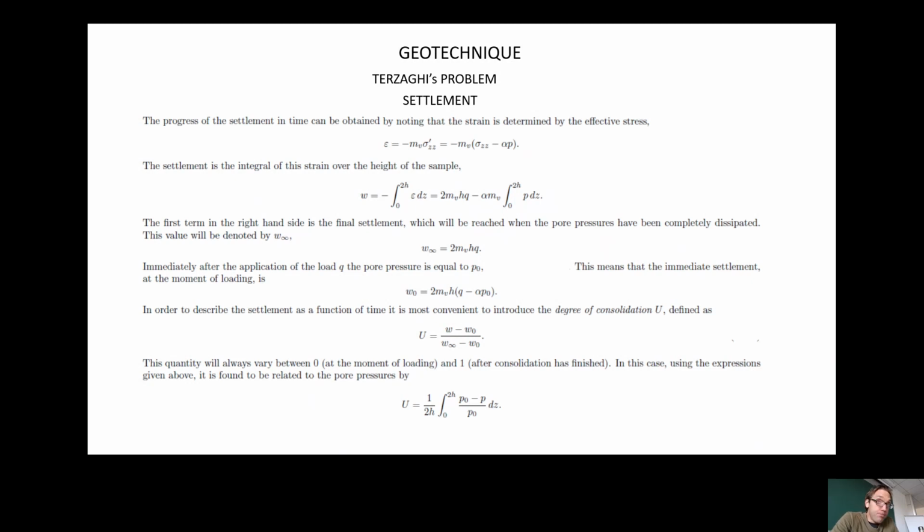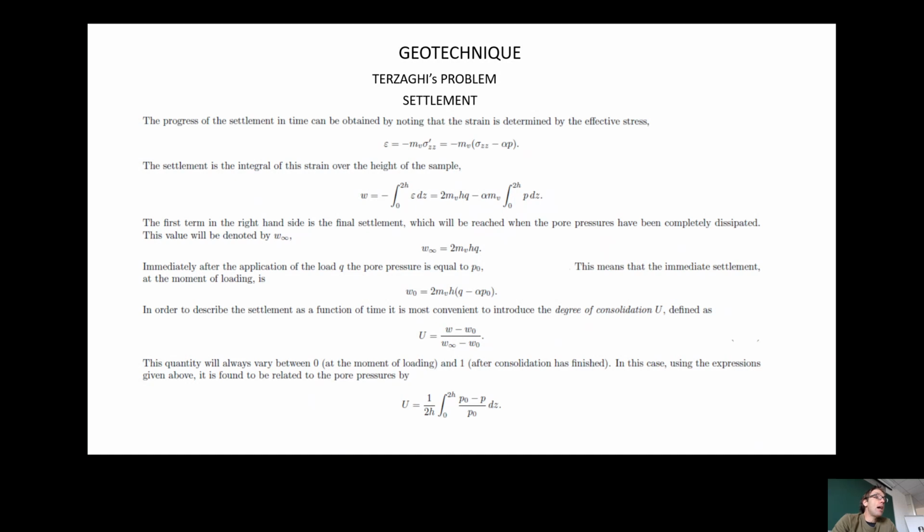This U is very important because it gives the ratio between the actual settlement and the total settlement that can happen inside the layer of soil. And this quantity, of course, can vary between 0 when we are loading, so in the beginning, to 1 after the consolidation is finished.